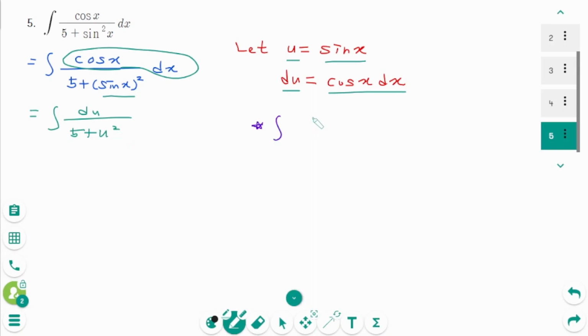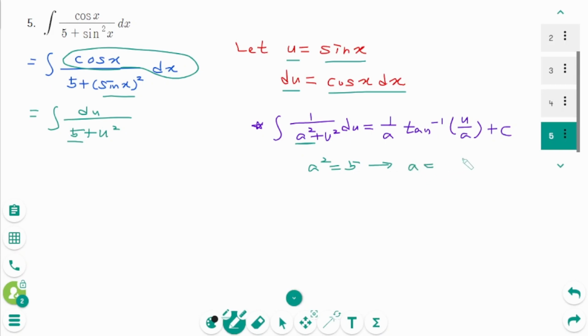Use the integral of 1 over a squared plus u squared du equals 1 over a arctangent u over a plus c. In here, a squared is 5. That means a equals square root of 5.